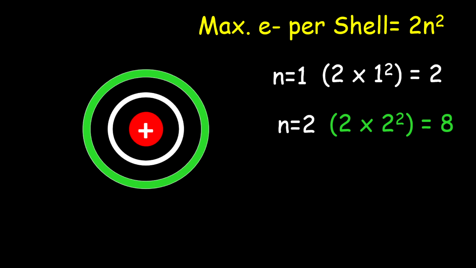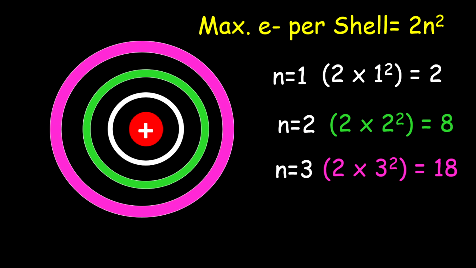For the second shell, where n is equal to 2, then what we have is 2 times 2 squared. 2 times 2 is 4, times 2 is 8. So a maximum of 8 electrons can occupy the second shell. For the third shell, n is equal to 3. So therefore, the maximum number of electrons will be 2 times 3 squared, which gives us 18 maximum electrons on the third shell.